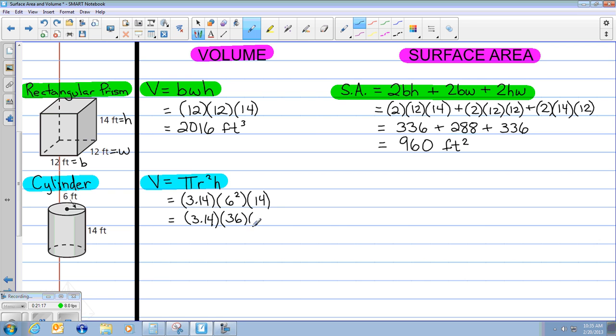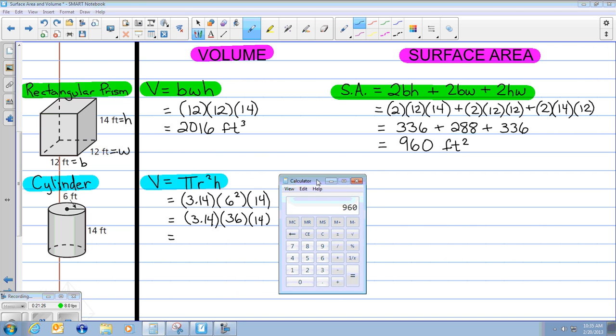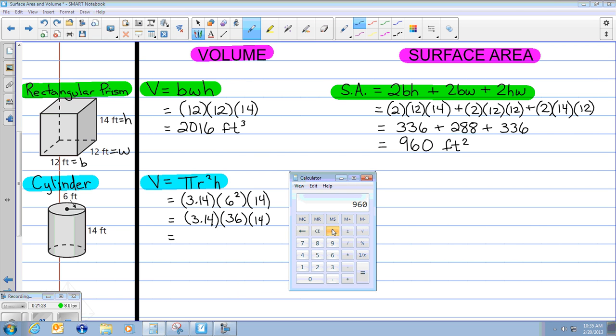So 6 times 6, and then we're going to multiply by 14. So let's see if the calculator wants to be more cooperative with me right now. So we have 3.14 times 36 times 14.